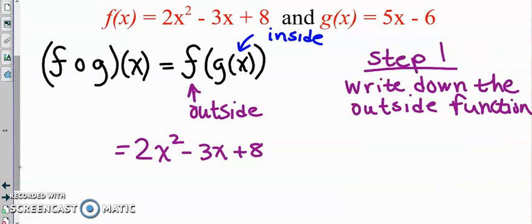All right, now our second step is we're going to take your inside function and we're going to put it in for every x.